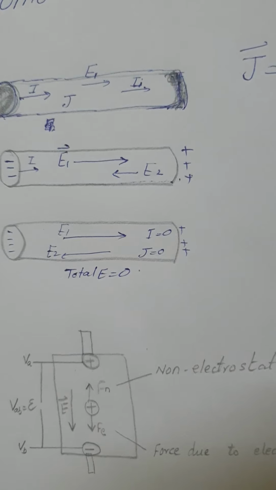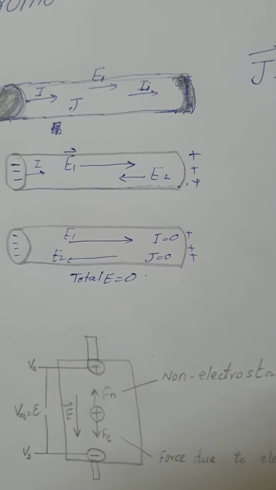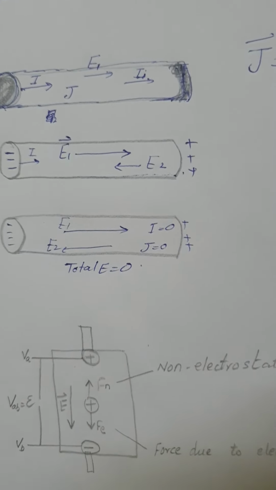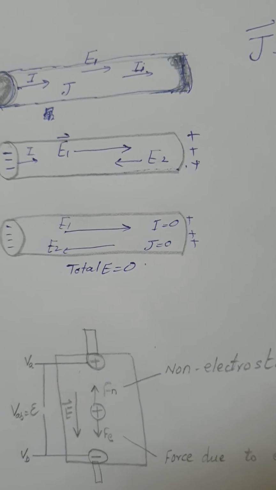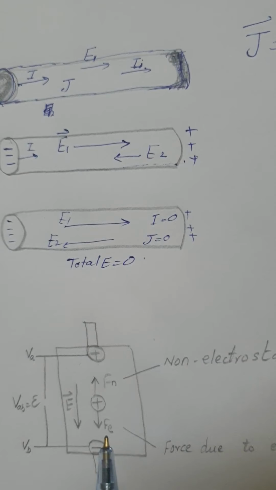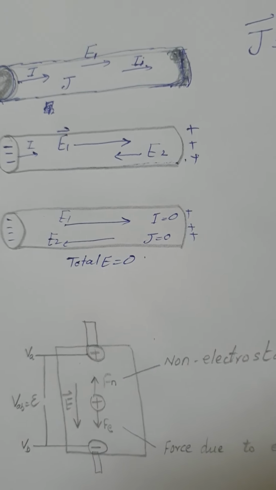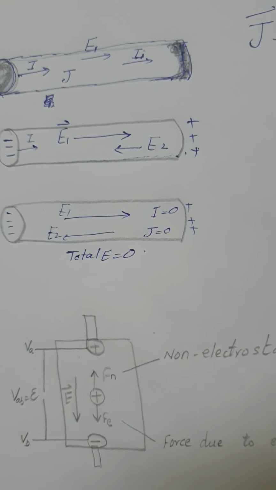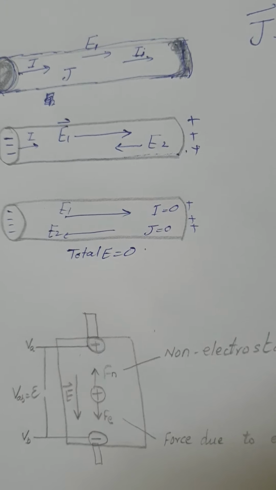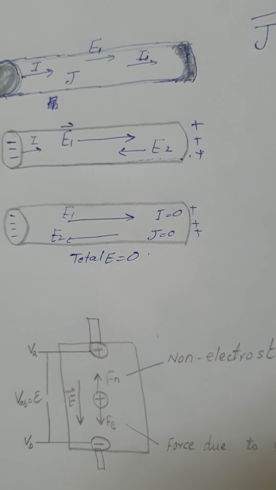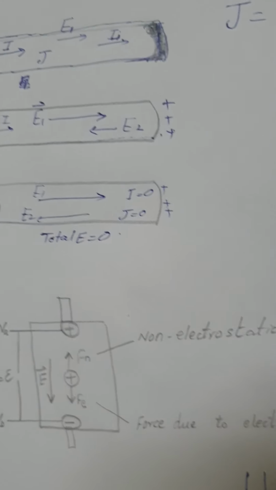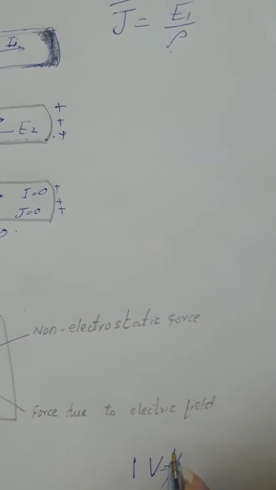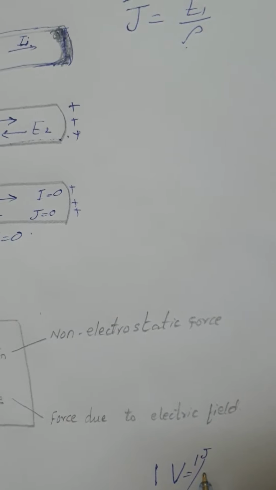This influence that makes current flow from lower to higher potential is called electromotive force, abbreviated as EMF. It is not actually a force; it's an energy per unit charge, like a potential, and its unit is the volt, and 1 volt is equal to 1 joule per coulomb.